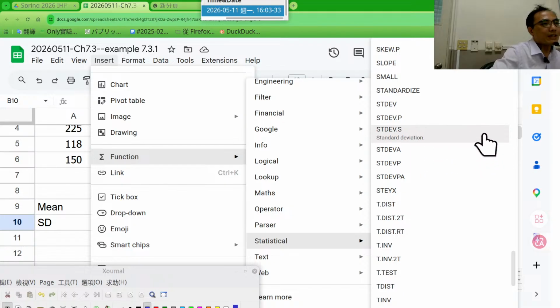Either one is okay. Population. Again, select the range, insert, function, statistic, and select standard deviation. S for sample, P for population.